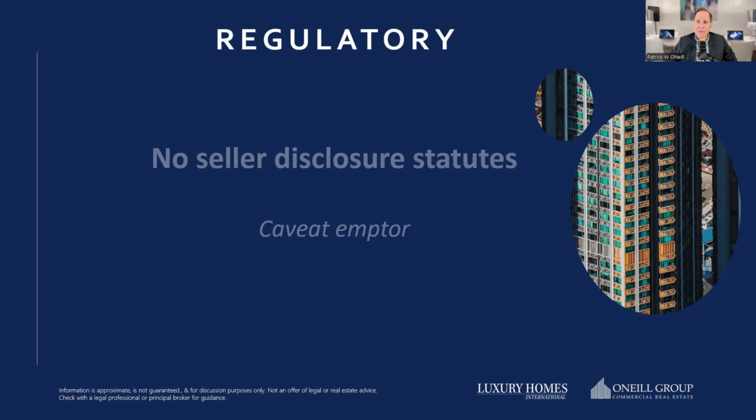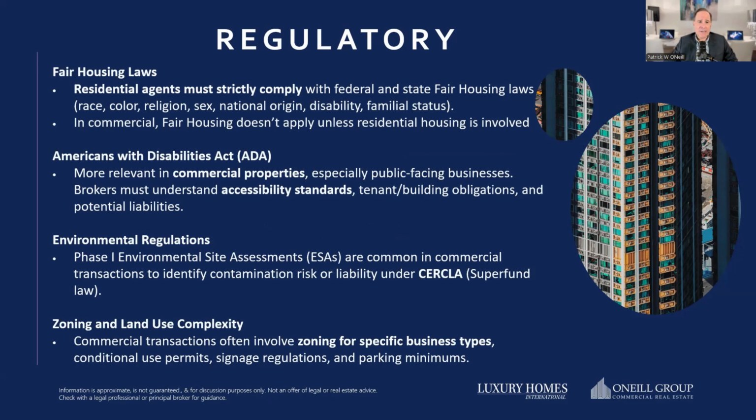Some other regulatory issues that are different, of course, fair housing, which is something that we regularly think about in our industry in residential. The ADA, Americans with Disabilities Act, is really important for the commercial side, especially if it's going to be a retail environment or public-facing businesses. And the environmental regulations.